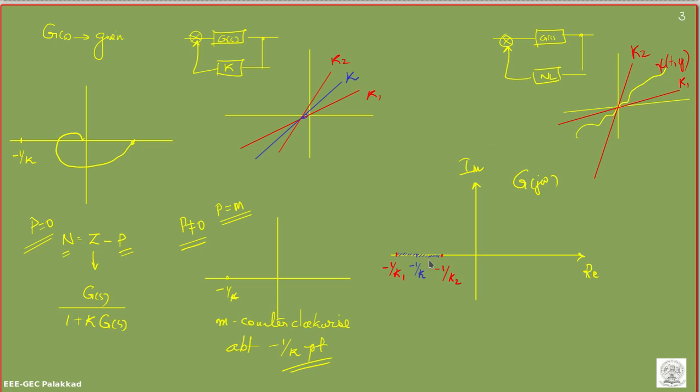So that is the idea that we can use here to analyze the stability of this nonlinear system. If K was linear, we could have said that the G(j omega) curve should not encircle this whole region or whole path.